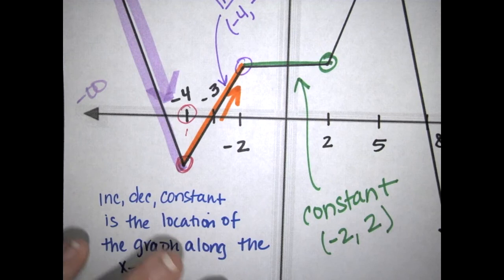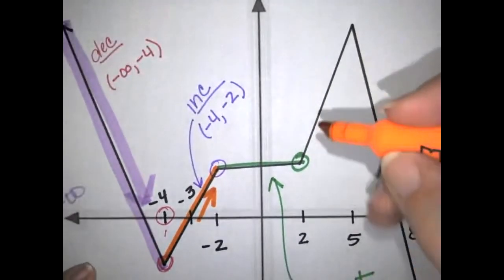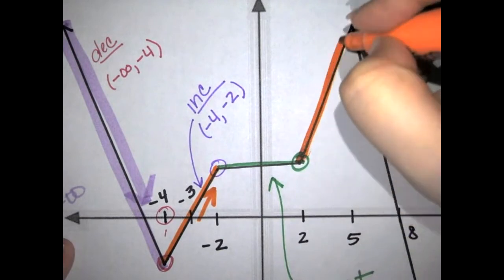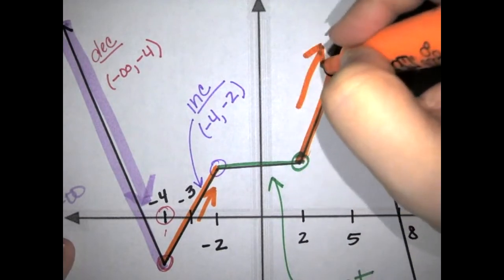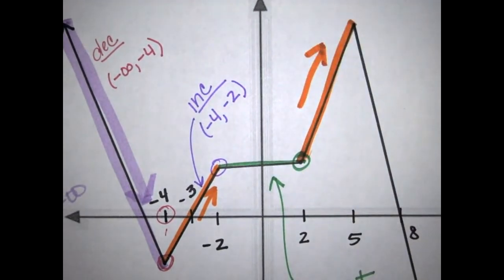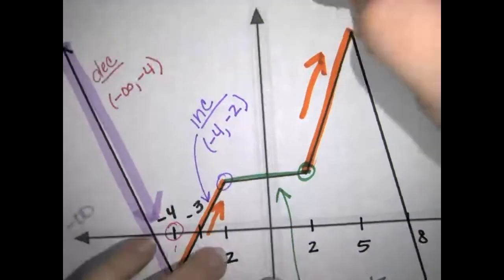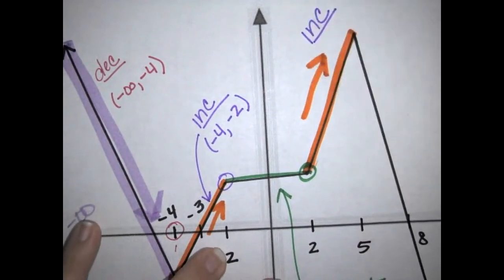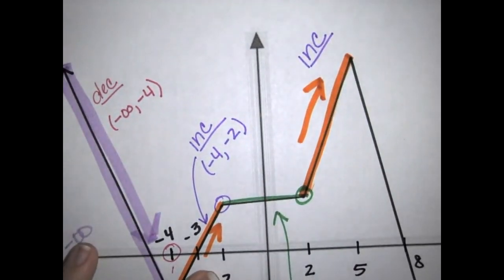Now, on this next part, I again put my pen on the page, and when I draw this line, notice again it is in an increasing direction. So here, I have another increasing interval, which is going to start at 2, and it goes all the way up to this point here, which we've labeled as 5.